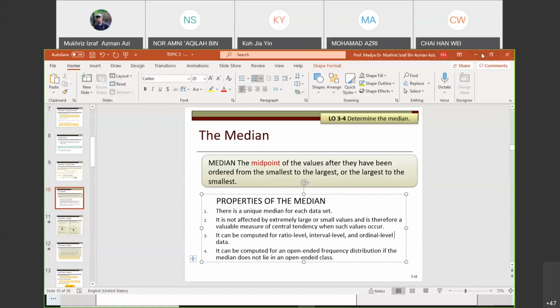If you arrange the data from smallest to highest, the heaviest student is that 200 kg student, but the median will always be the number in the middle. So your median is not affected by that 200 kg student. That is what it means by not being affected by extremely large or small values.